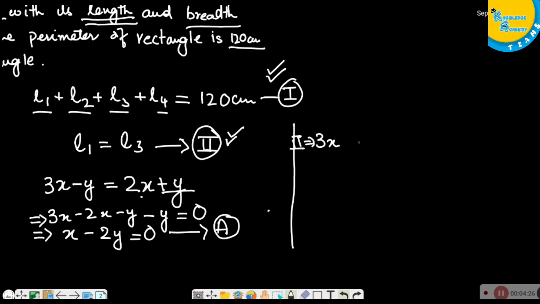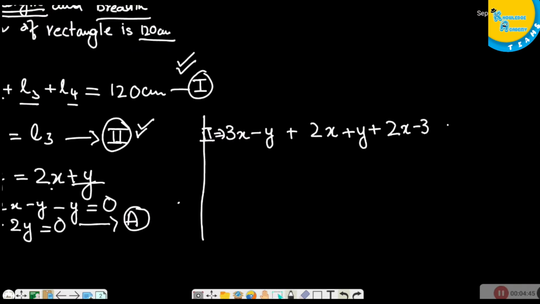Condition 2: L1 is 3x minus y, plus 2x plus y, plus 2x minus 3, plus 2x minus 3 is equal to 120.